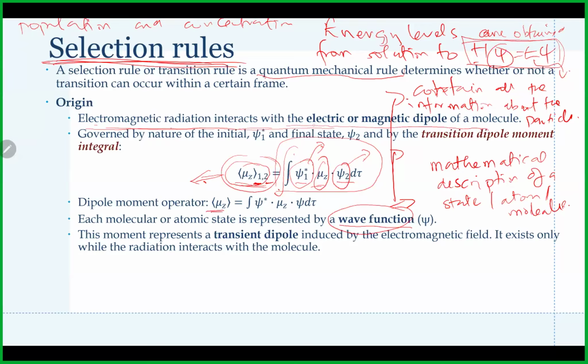So yes, the electromagnetic radiation has an electric component to it, and the molecule has an electric or a magnetic dipole. So the interaction of that radiation is what results in this equation.